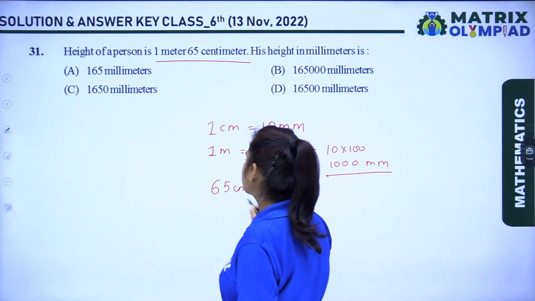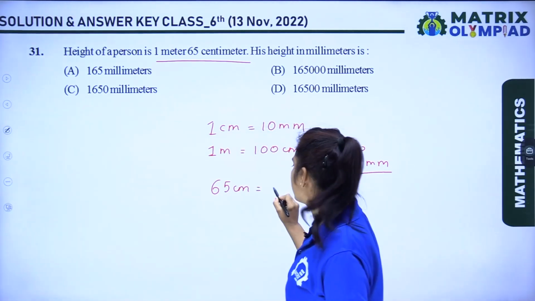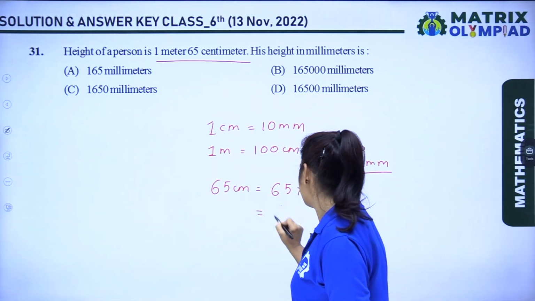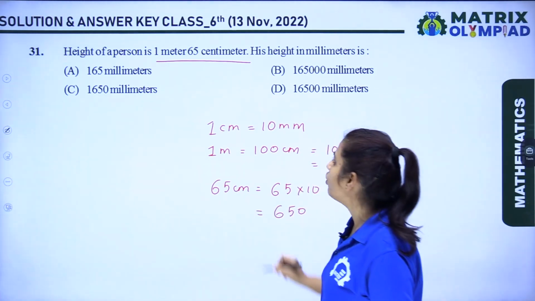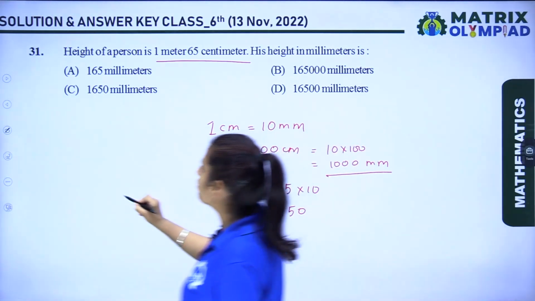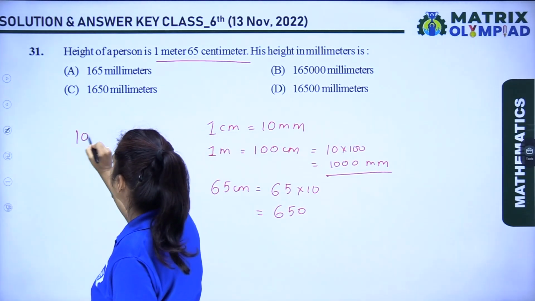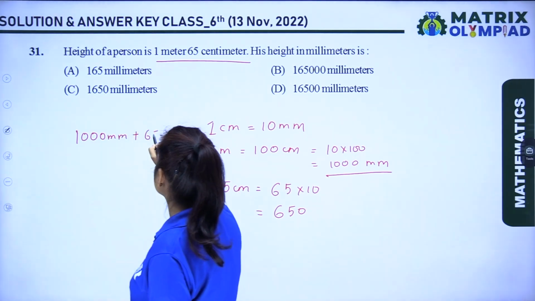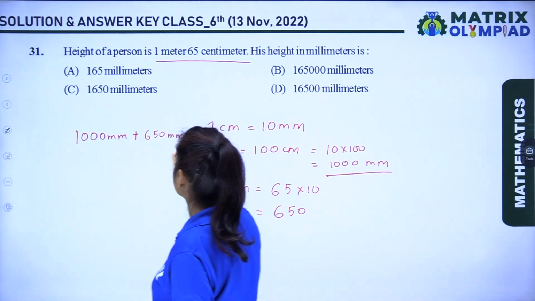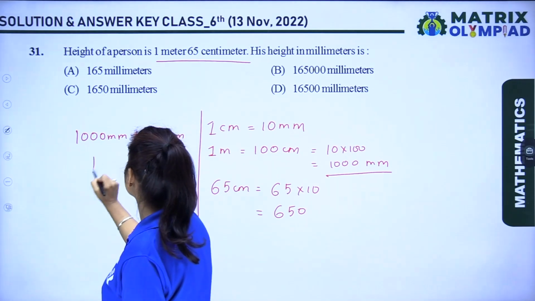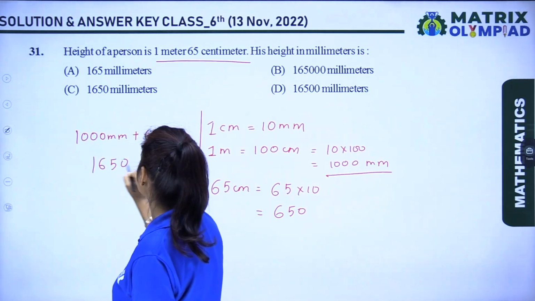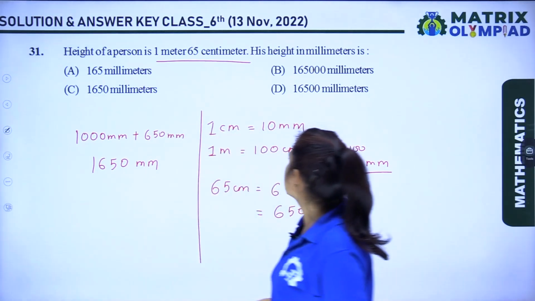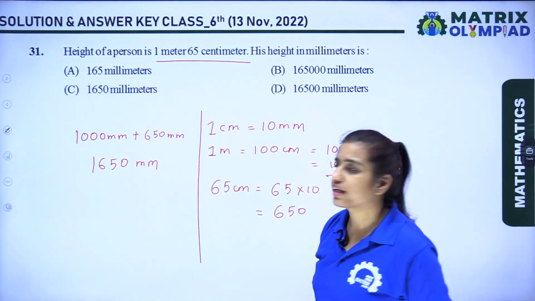By converting 65 centimeter into millimeter, we get 65 multiplied by 10, that is equal to 650. Now what we will do, we will simply add them. 1000 millimeter plus 650 millimeter. So we will get 1650 millimeter. So here option C is the correct answer.